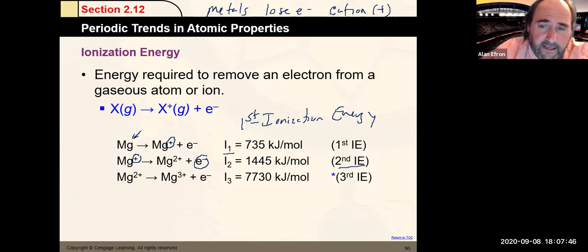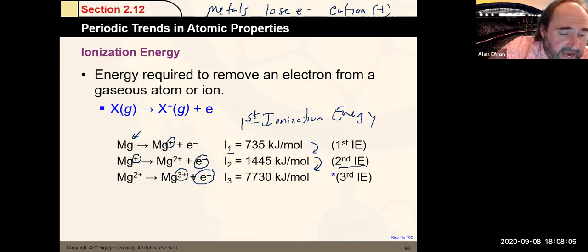Then this magnesium would potentially have to lose 1 more electron to become positively 3 charged, and that is known as the third ionization energy. As we continue to lose electrons, we see that the ionization energy increases. From the first ionization energy to the second to the third, to however many ionization energies you may have, it tends to increase.